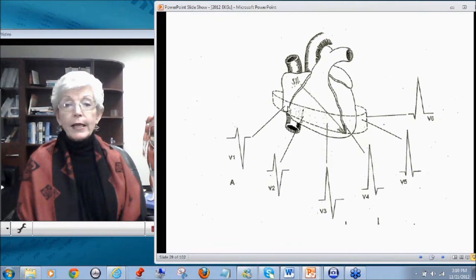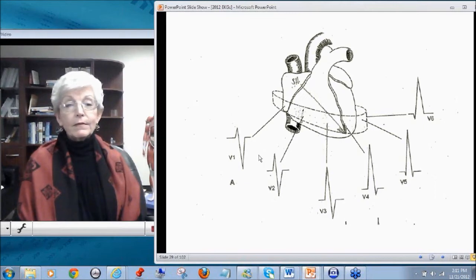So if you had your electrode in the V1 position, you see the flow of electricity coming towards it a little bit. I get a little positive deflection. But once it has passed this electrode, the flow of electricity is now going away from my electrode. This would be analogous to sitting on my right shoulder and right arm. And so in V1, the actual deflection of the QRS is negative.